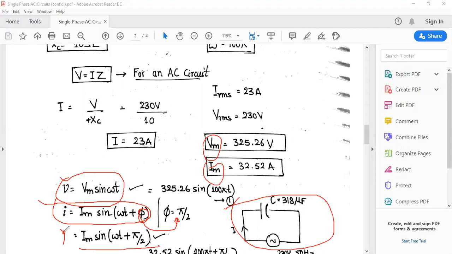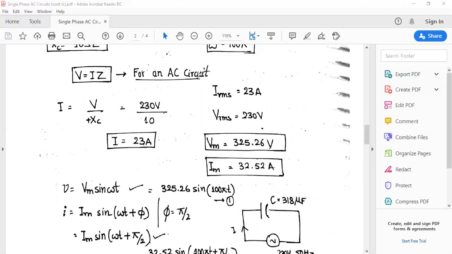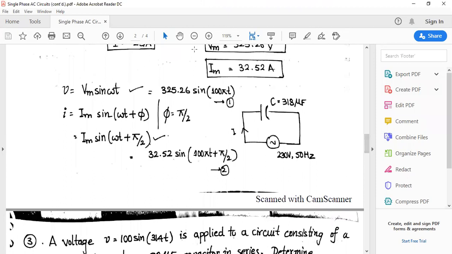Small i can be written as Im sin of omega t plus pi by 2. So now v is equal to Vm sin omega t, Vm is this one, so sin of 100 pi t. So Im is 32.52 sin of 100 pi t plus pi by 2. So this is how we can get the solution.